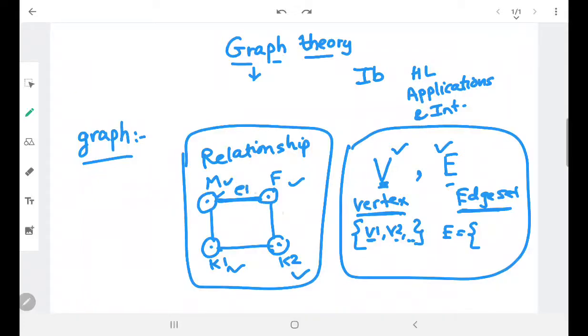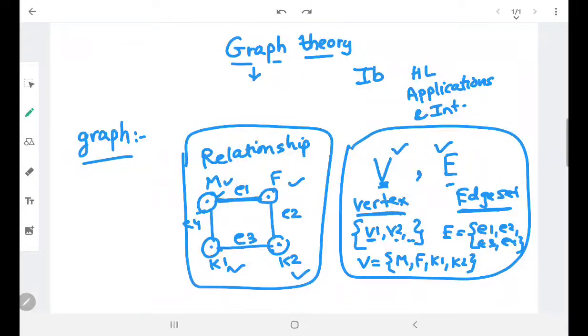Suppose this is E1, this is E2, this is E3 and this is E4. So I can write it as E1, E2, E3 and E4, and the vertex set accordingly as M, F, K1, K2. So it is a collection of the vertices which are the points of interest.